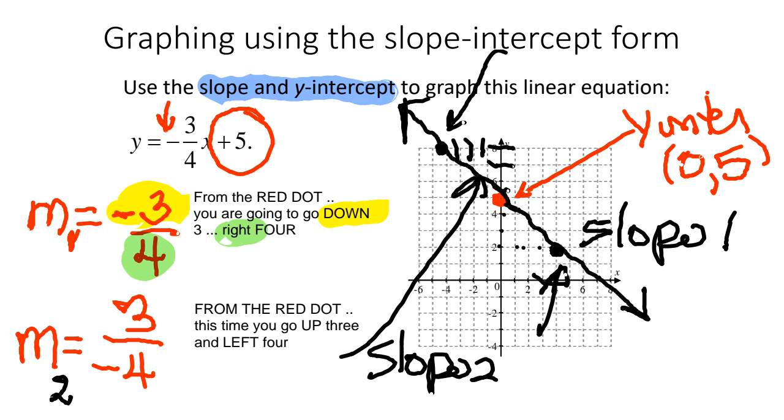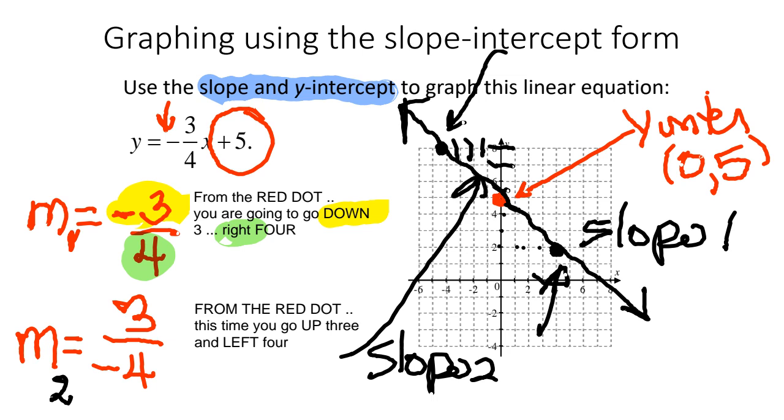Now, slope 1 has got us down 3, right 4. Okay. Down 3, right 4. Up 3, left 4. Okay. Now, let's try it a couple more times.